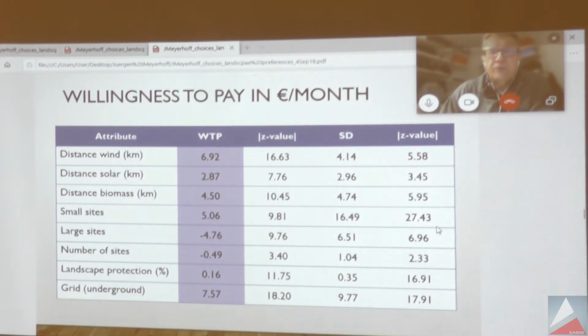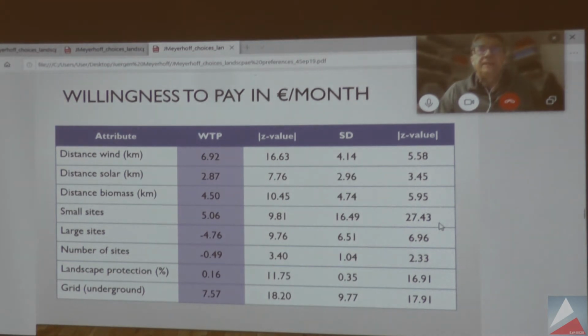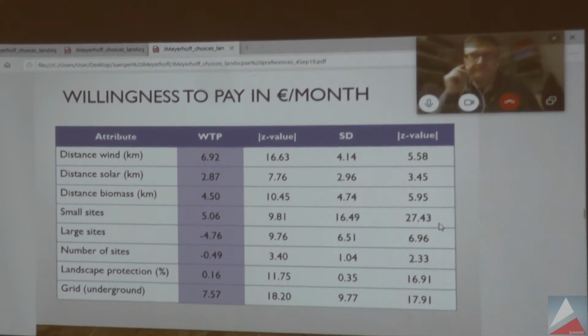And what you can see in the first row, for example, is people are willing to pay close to €7 per month to move turbines further away. That's the amount of money they would pay for each kilometer the turbine is further away from their residence. And then the next row shows that for solar, clearly a much lower value, close to €3 per kilometer. Then for biomass, people have a stronger preference for moving them away from their place of residence, with €4.5.